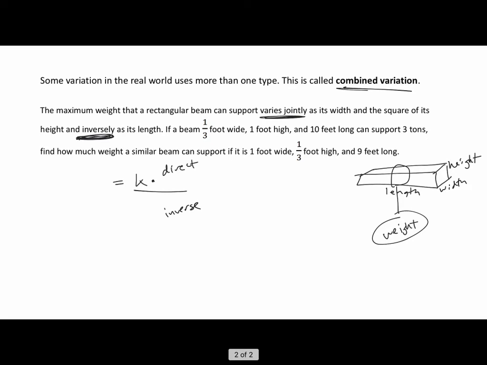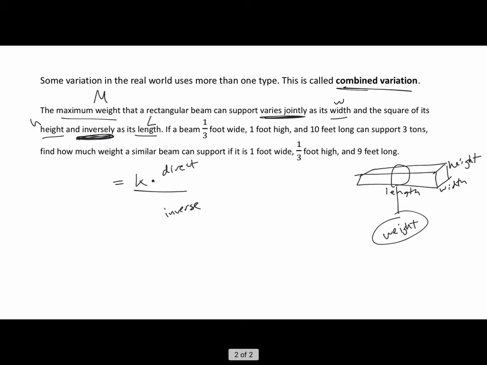So let's get some variables here. Maximum weight, I think I'm going to use m for max. As the width, I'll use w. And the square of the height, I'll use h. And length, I'll use a capital L because it's hard to see a lowercase l.